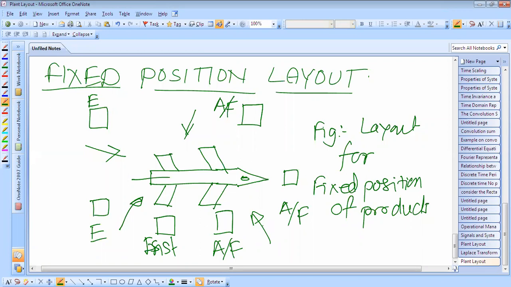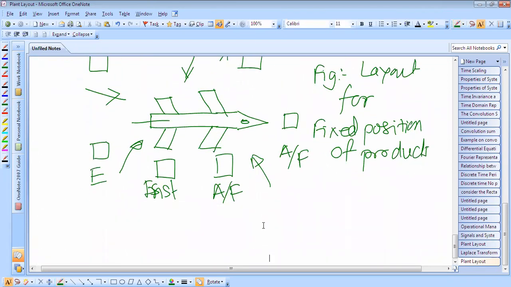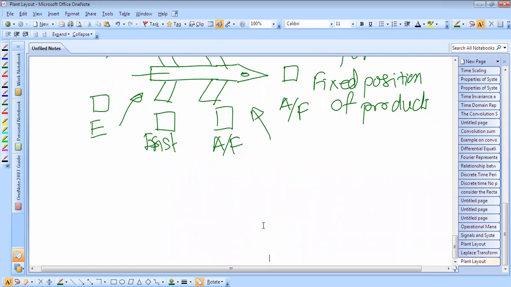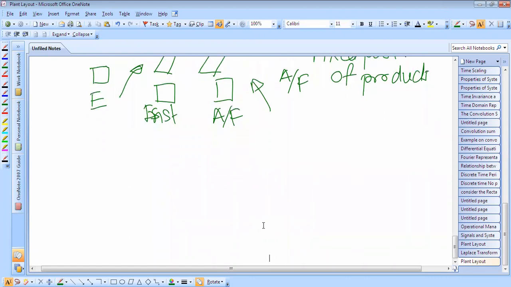So all the machines and men move to the material which remains at one place, and the product is completed at that place itself where the material lies. So this is the fixed position layout. In this case, the position is fixed. All the materials and men have to be brought here for the function of this layout. So what are the advantages of this layout?